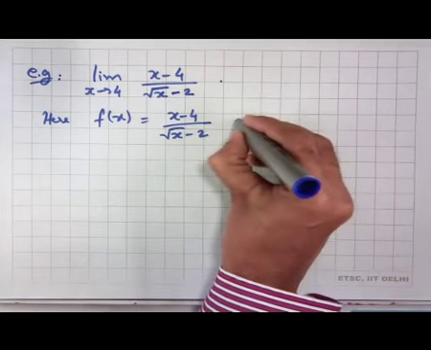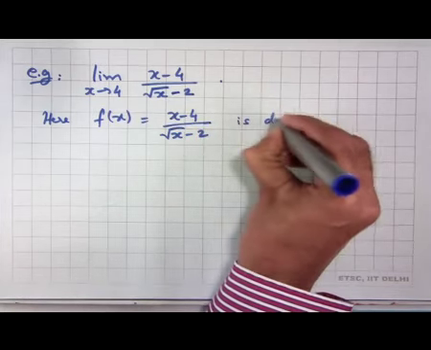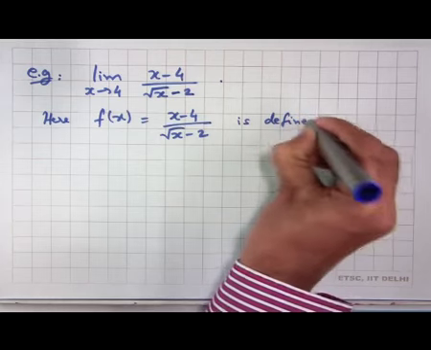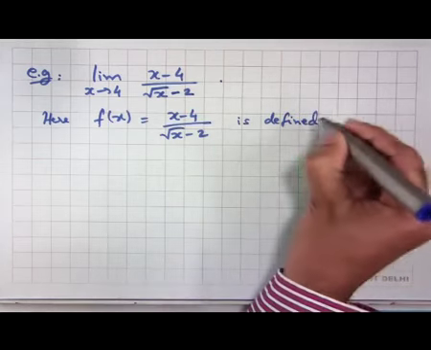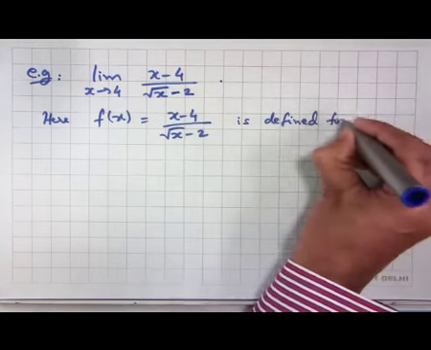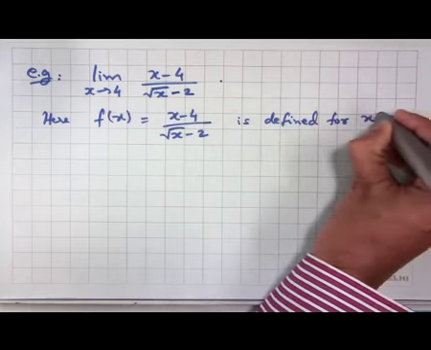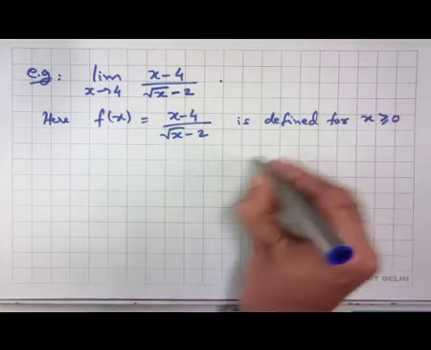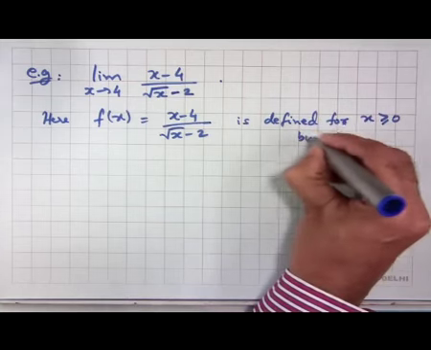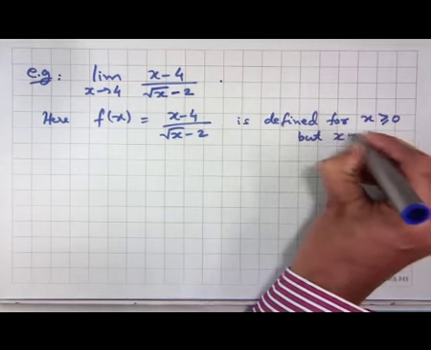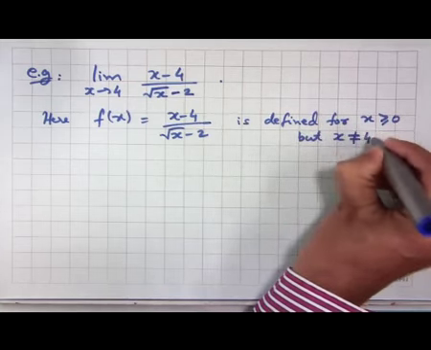This is defined for any x which is greater than or equal to 0, but x not equal to 4, right.